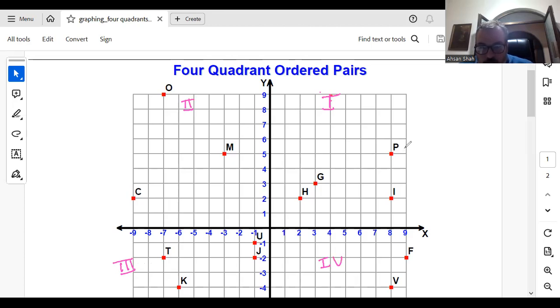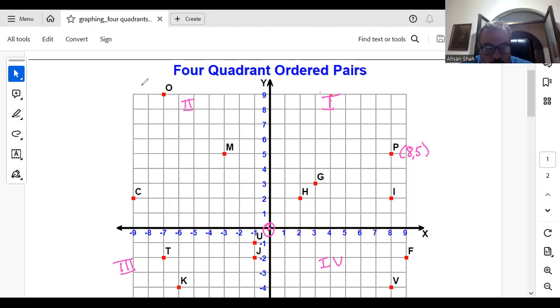The point P has the coordinates 8, 5, just as an example. Now, to the left of the origin, x values are negative, and above the origin, y values are positive, and below the origin, this point, 0, 0, y values are negative.